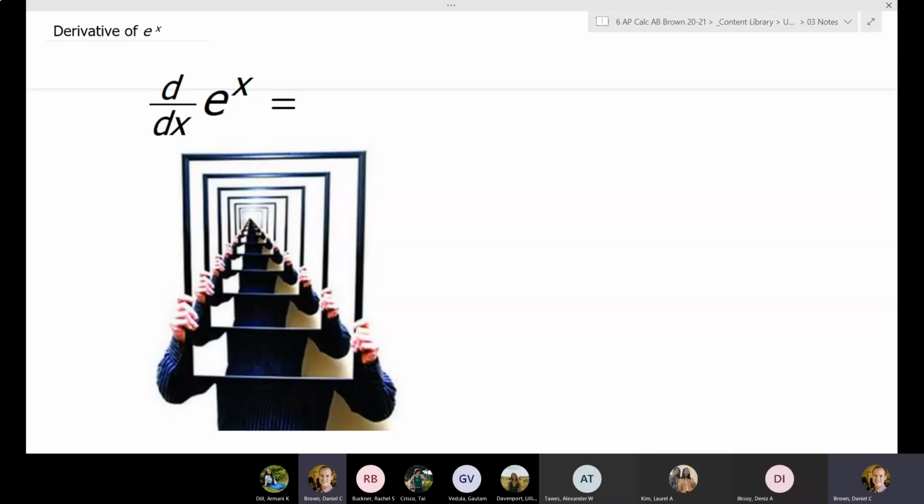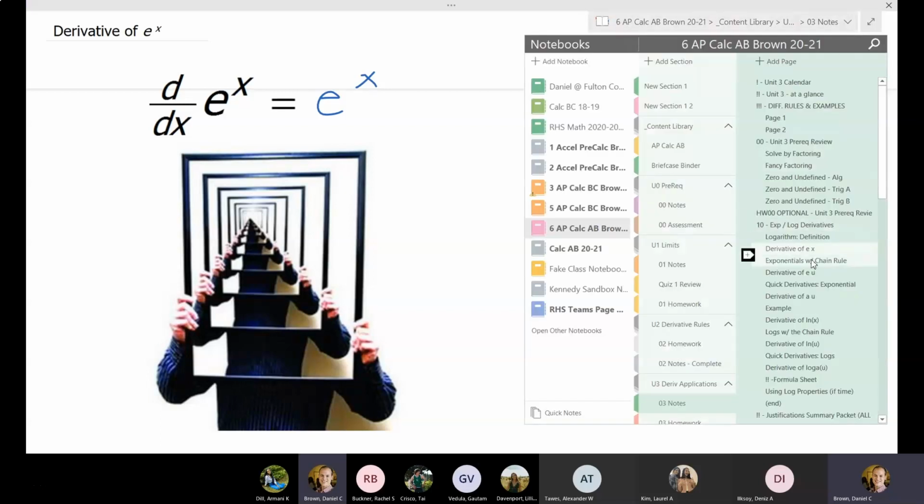The derivative of e to the x will be your easiest derivative to memorize, because the derivative of e to the x is e to the x. It is the only function we have in math where the function is its own derivative, which is kind of unique. There are reasons why, but right now I just need to know that the derivative of e to the x is e to the x.